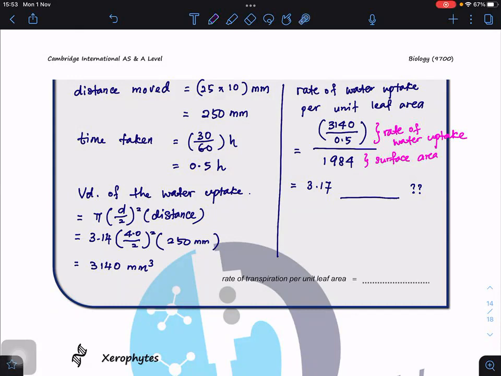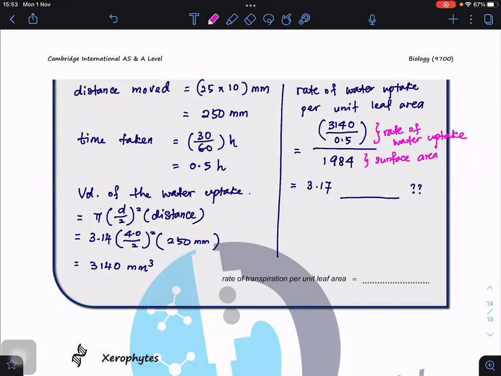Some of you suggested the unit is millimeter per hour. Guys, millimeter is not the volume. Generally, we cannot use the idea of mathematics where we go and cancel, because the unit won't give us the meaning.